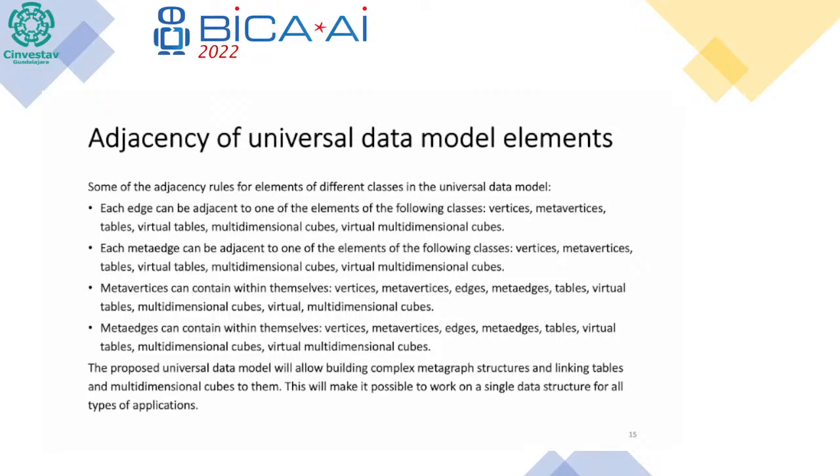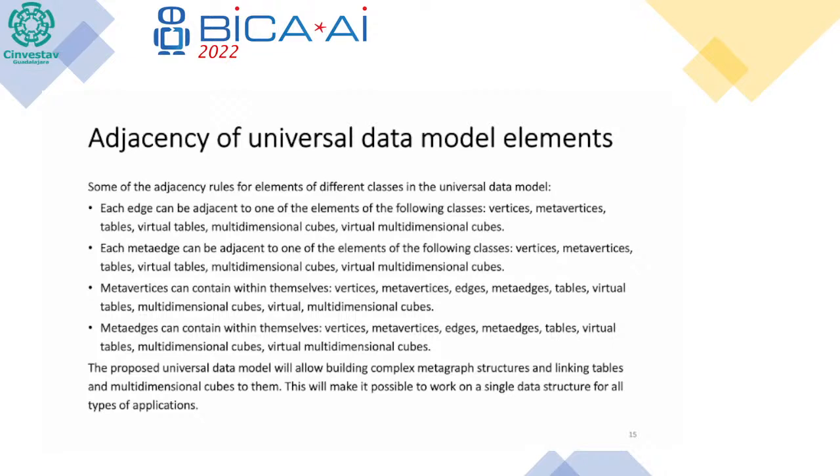Each edge can be adjacent to one of the elements of the following classes: vertex, metavertex, tables, virtual tables, multidimensional cubes, virtual multidimensional cubes. The same holds for meta-edges, and metavertices and meta-edges can contain within themselves vertices, metavertices, edges, meta-edges, tables, virtual tables, multidimensional cubes, and virtual multidimensional cubes.